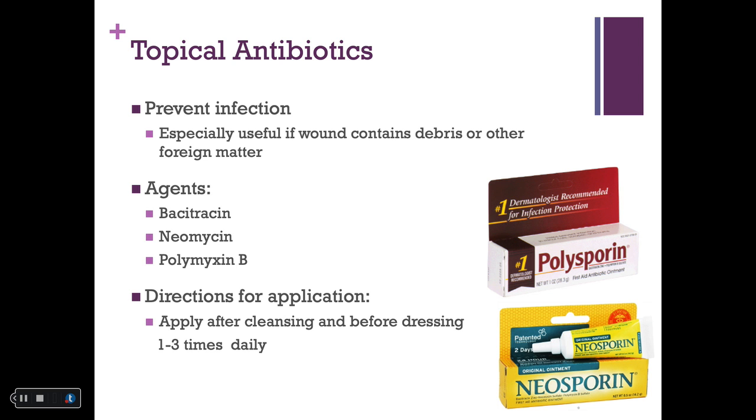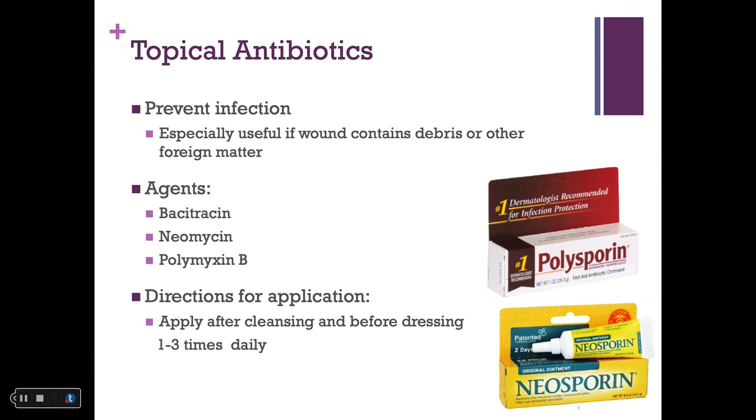A lot of times you'll see them referred to as triple antibiotic ointment, and that's because the majority of them do contain the 3 agents listed: bacitracin, neomycin, and polymyxin B. Neosporin is also known as a triple antibiotic ointment, so it contains all 3.